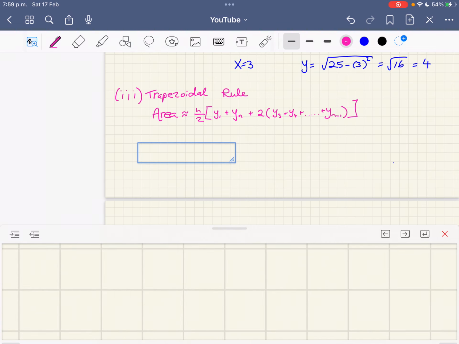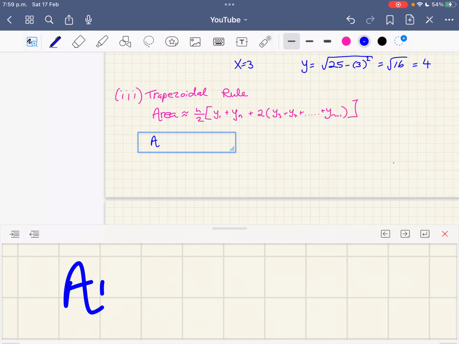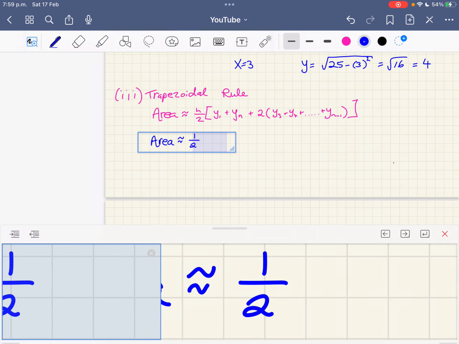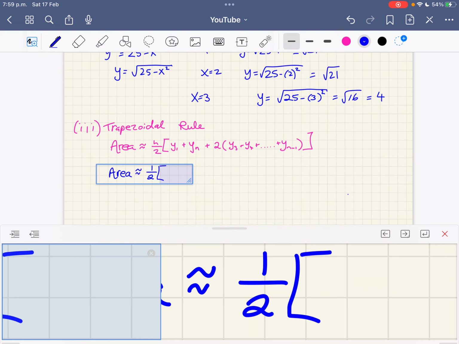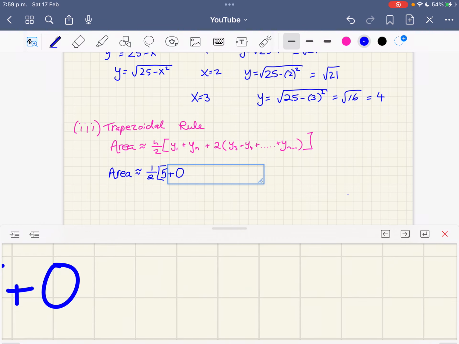So here that tells us that our area is approximately equal, h is 1, so 1 over 2, and then y1 was 5, so 5, and y6 was 0. So that's your first and your last, 2 multiplied by all of the values in between.